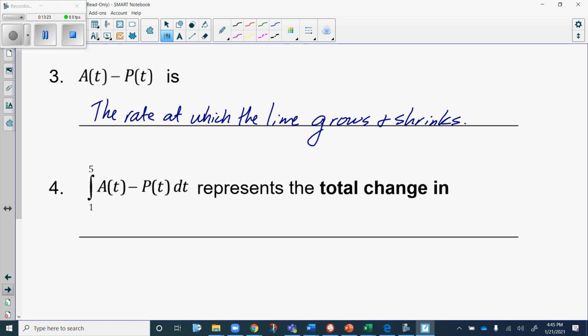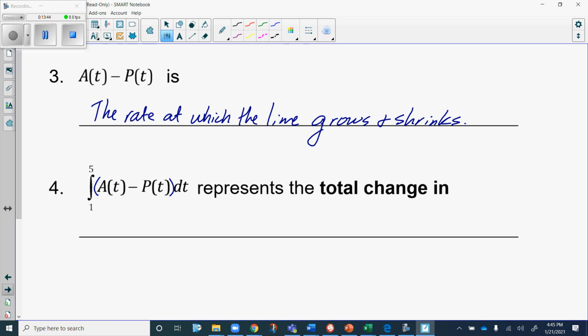So the final integration here in part 4 of this example, C, the definite integration of A of t minus P of t dt, and sometimes you may see it in kind of parentheses like that, represents the total change in what?